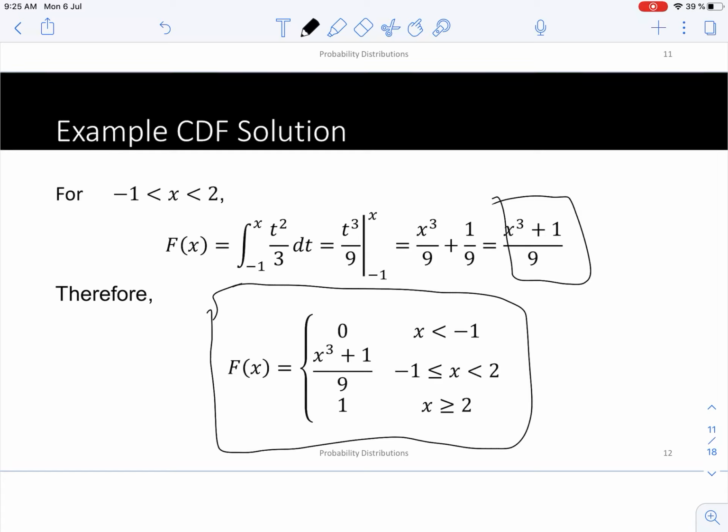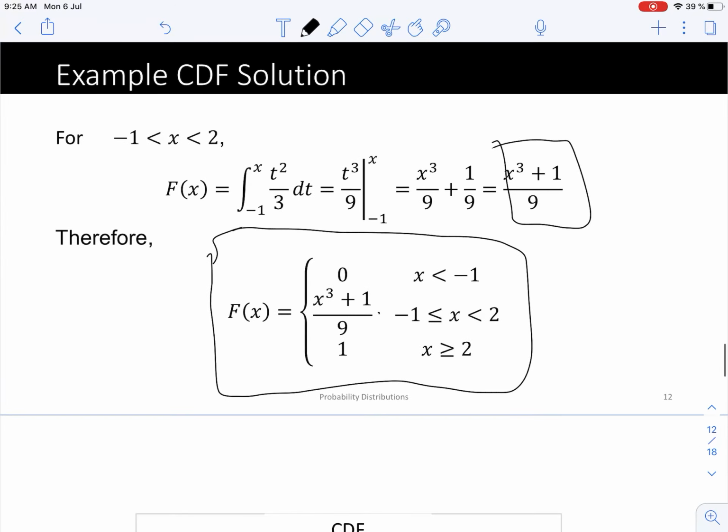And actually there are some problems where the PDF is defined in different intervals. In this example, it only was defined in one interval, but later on during the class sessions we will practice those cases where the PDF is defined in 2, 3 or more intervals. So you gotta be careful when you're doing all the calculations.